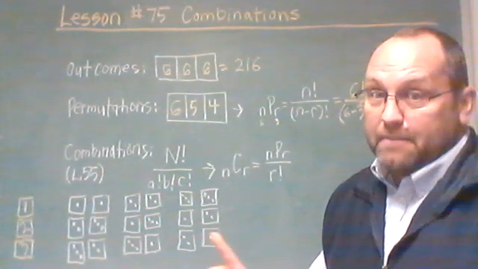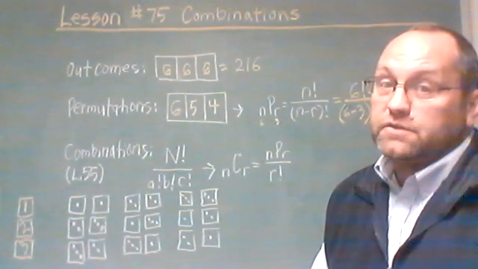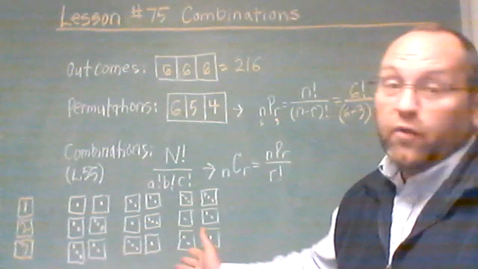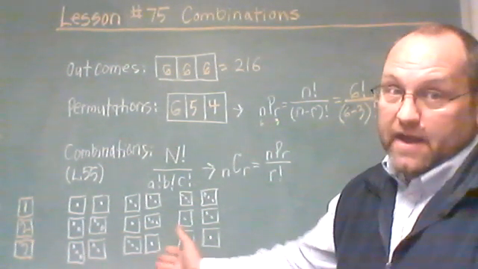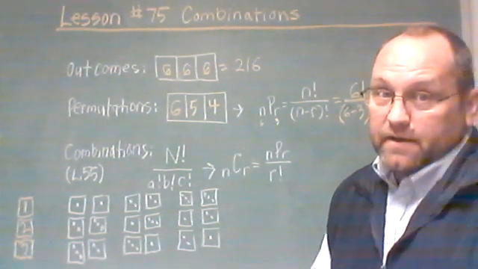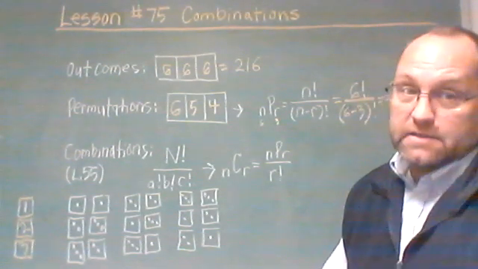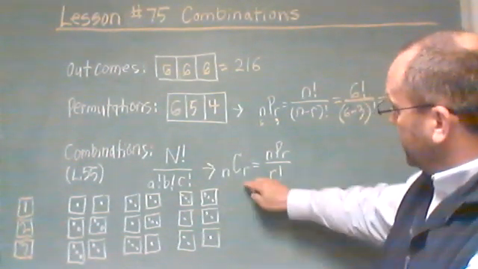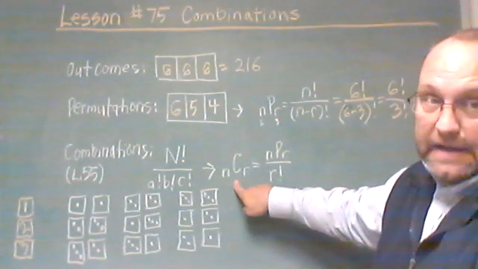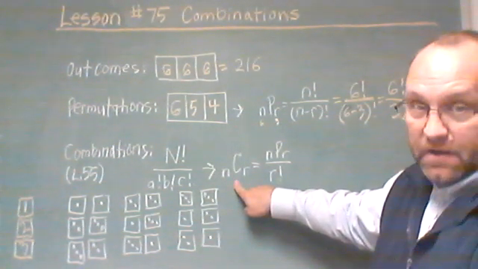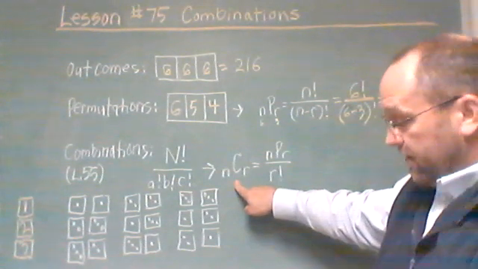But as far as combinations, how many combinations do I have? I only have 1, okay? That has reduced my number by 6, okay? And effectively, that's what this new equation in the book does for us, okay?